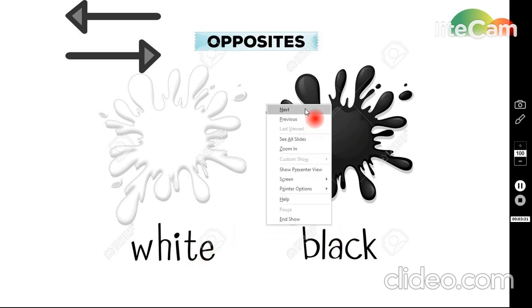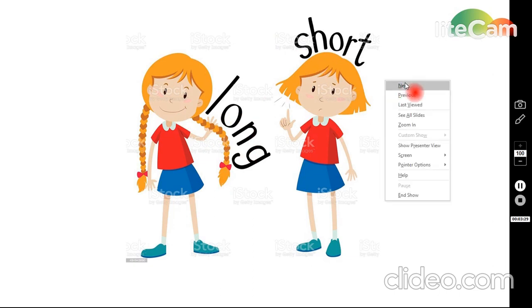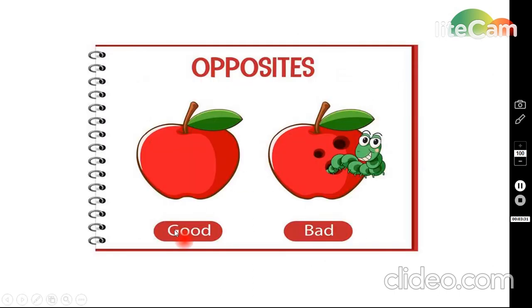What's the opposite of the word long? Yes, short. Long and short. What about good? Yes, bad. Good and bad. Sad and happy.